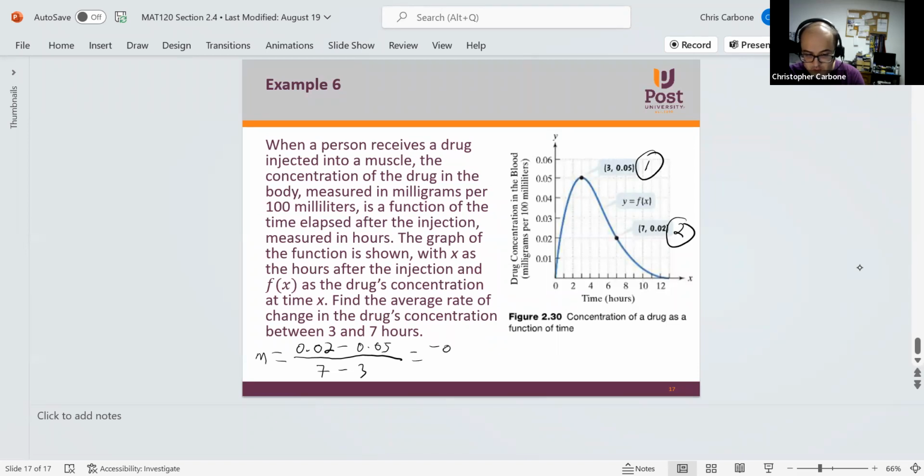So negative 0.03 divided by 4. Pop that into a calculator to receive your answer, which would be negative 0.0075, which is the average rate of change in the drug's concentration between 3 and 7 hours.